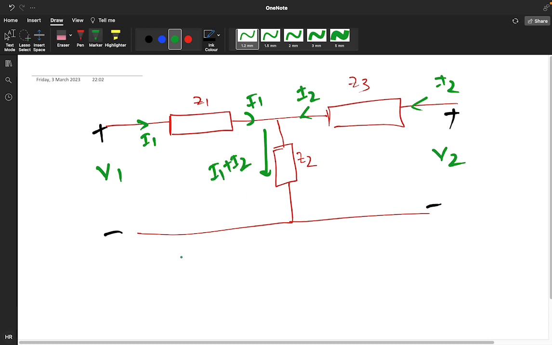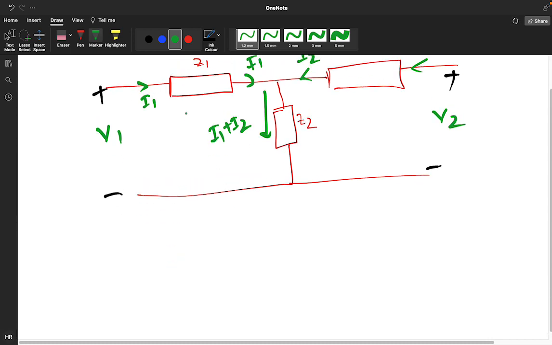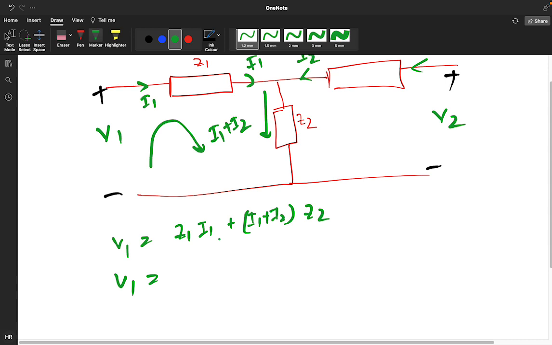Okay, if you form one loop equation here, you will get V1 is equal to Z1 I1 plus I2 into Z2. So the result is Z1 plus Z2 into I1, plus I2 Z2. This is equation 1.